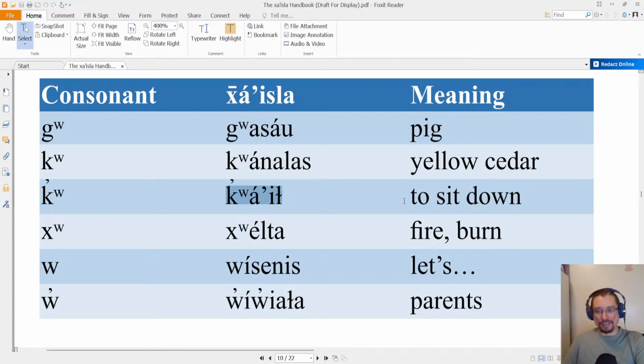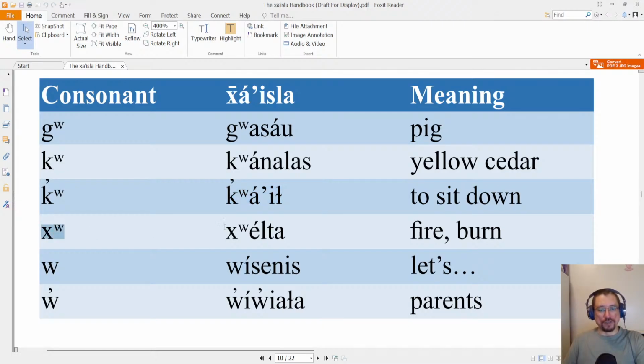So qua'eith means to sit down indoors. And this is just basically a description of sitting down indoors. If you were to say to someone to sit down, you would say qua'eith. That would be the command form. You would add the letter C to the end of this, and that would basically mean you. So qua'eith means you sit down.